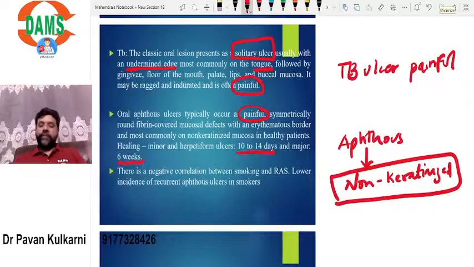However, because of smoking, the mucosa becomes keratinized. Once the mucosa becomes keratinized, you will not see aphthous ulcers. So that is the negative correlation between aphthous ulcers and smoking.